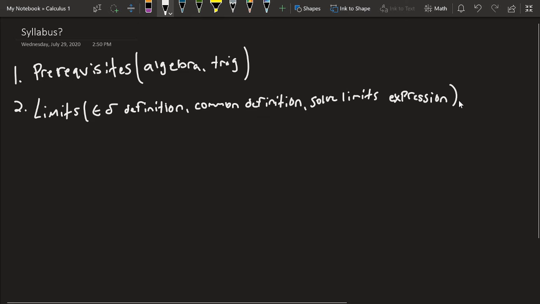Later we'll delve a little more into other ways of solving limits, but that will be saved for after we talk about our third idea, derivatives.